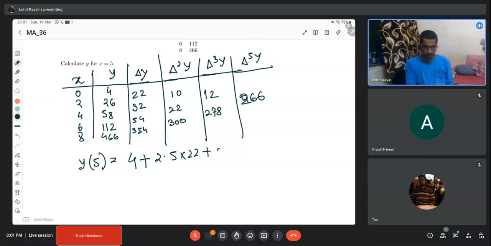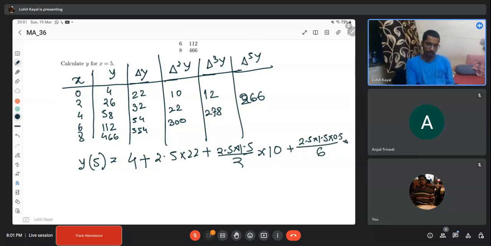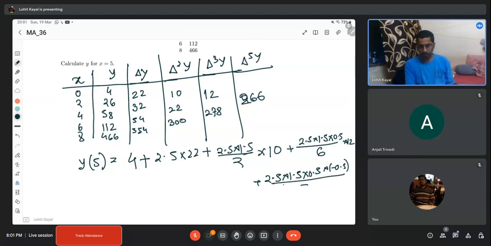It will be 2.5 into 1.5 by 2 into 10, plus 2.5 into 1.5 into 0.5 by 6 into 12, delta 4 y naught plus 2.5 into 1.5 into 0.5 into minus 0.5 by 24 into 266.